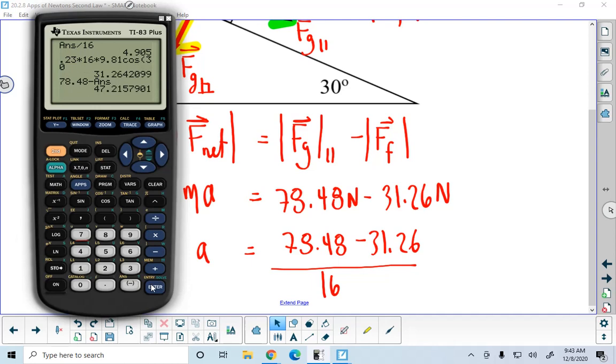So that 47.2 on my calculator, that's the net force. And when I divide by 16 kilograms, I will get the acceleration. So the acceleration now is reduced to about 3.0 meters per second squared along the ramp. Any questions with number 2?